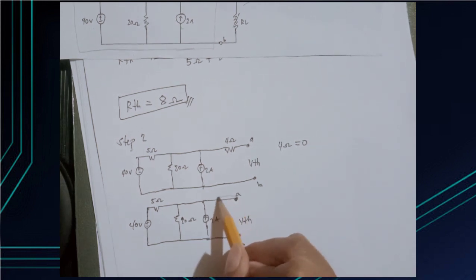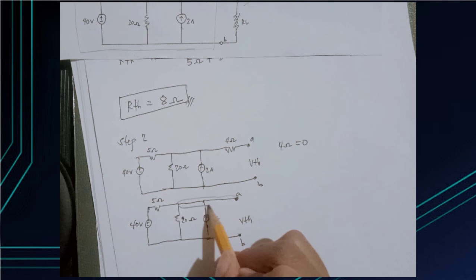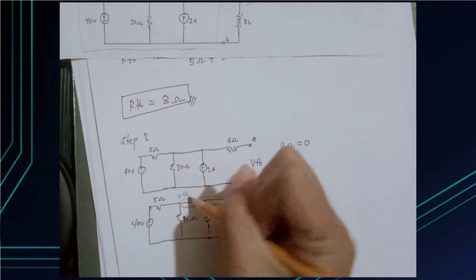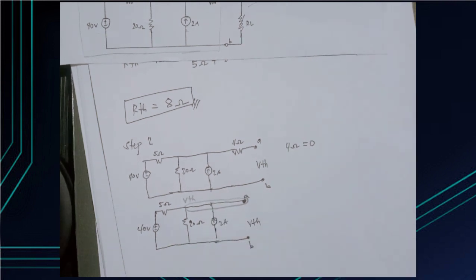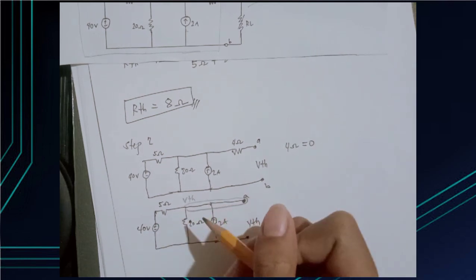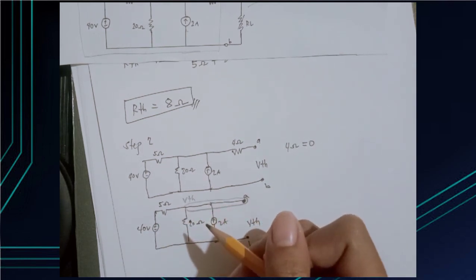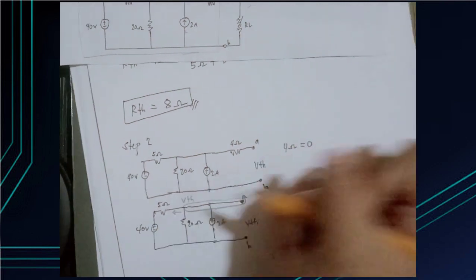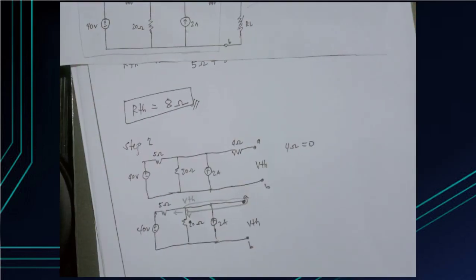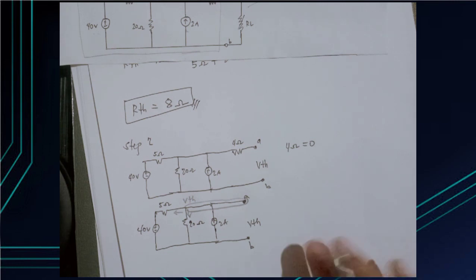Itong dumadaloy dito, VTH to, VTH rin to, yun yung VTH kasi nakaparallel naman siya. So, dito siya, node. Dito din siya. Ganyan po siya.